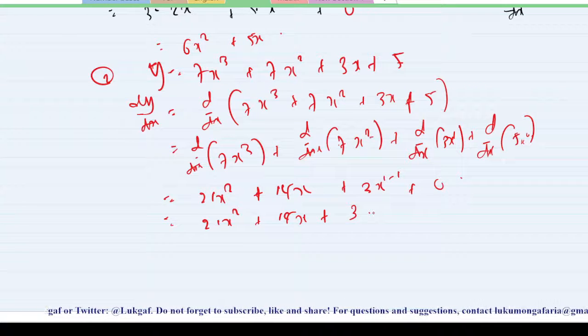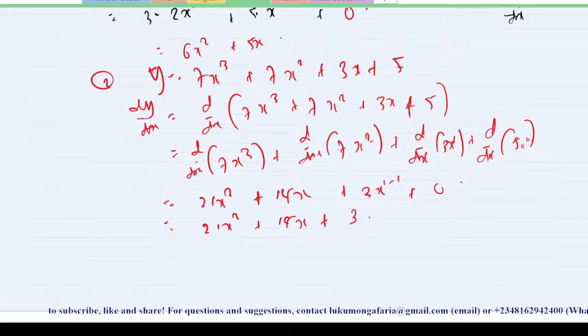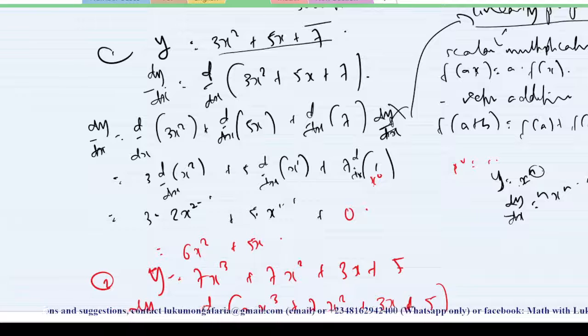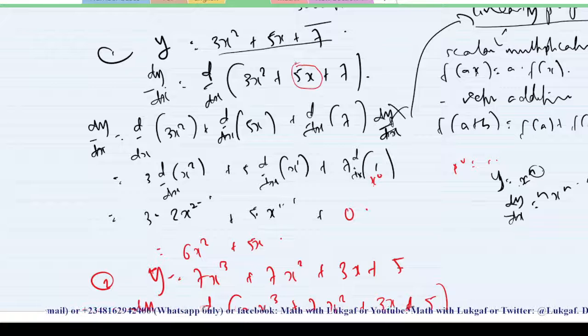Plus 3. If you check the two examples very well, for the first one, you will observe that when I have a constant like this and a variable directly beside it, you understand now?